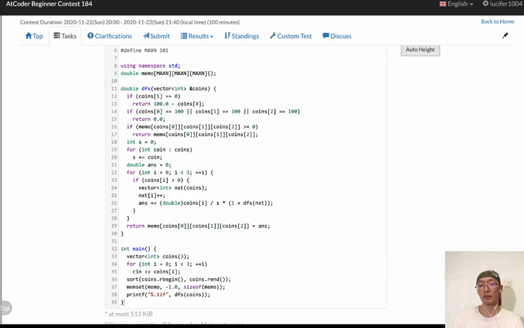Suppose that we are at a situation S, and we can go to S1, S2, and S3 in the next step. And for each transition, the probability is P1, P2, and P3.